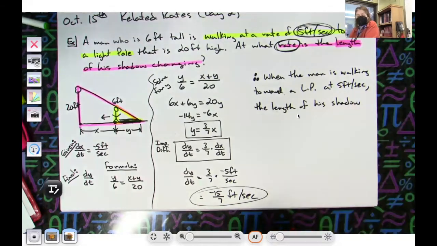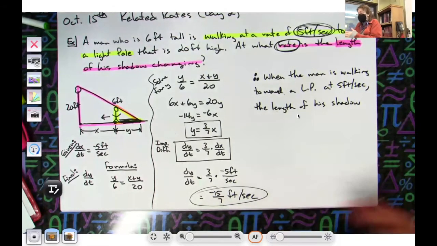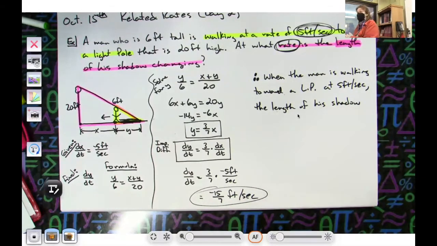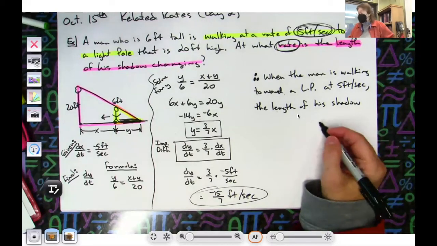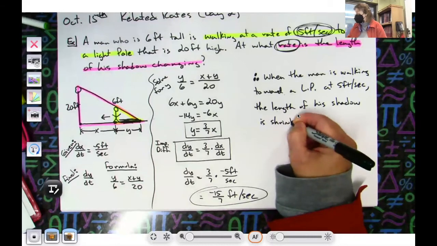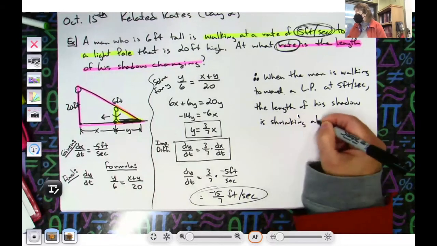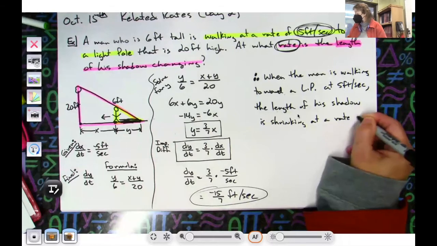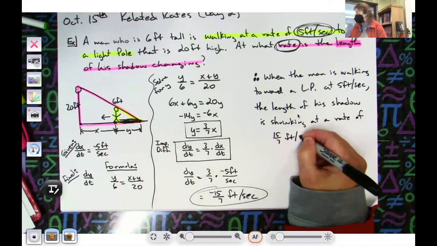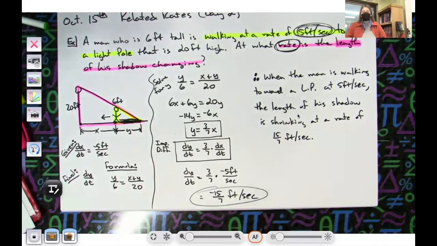Since I know it's shrinking, if I want to say is shrinking, then I'm going to put the positive value in. If I just want to say the length of his shadow is changing at a rate of, I would do the exact answer I had. Okay, so the length of his shadow is shrinking at a rate of 15/7 feet per second. It takes almost as long to write the therefore statement as it does to work out the problem.